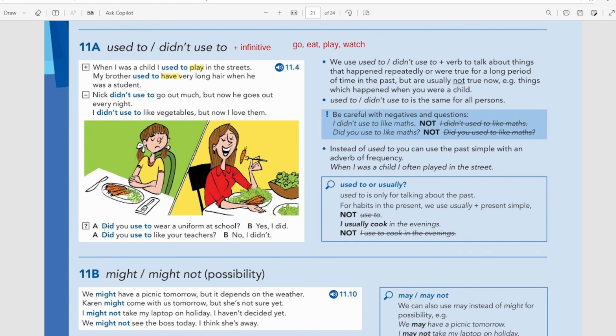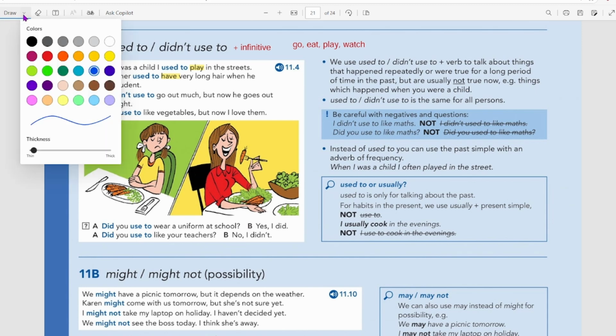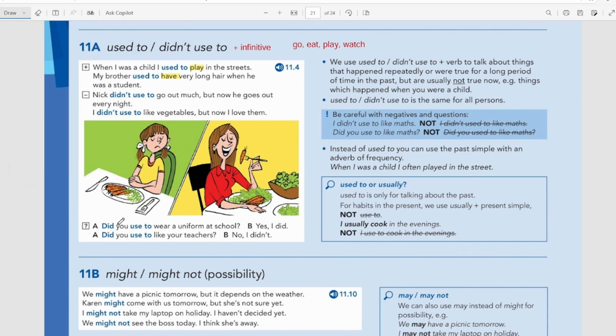Now, if I want to make a question, I use did before it. Look, did you used to? And obviously, because we're talking about a past situation, it needs to follow the rules of past. As you can see here, when I say did, I need to use the infinitive form, not used with a D. Example here, we're using a D here, yeah?